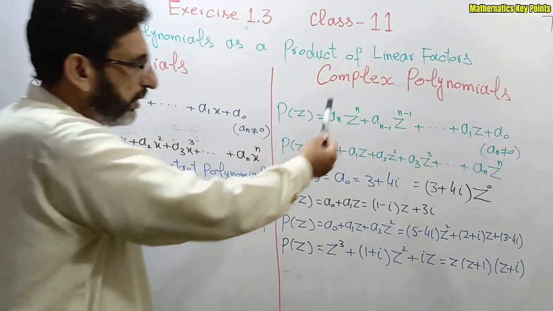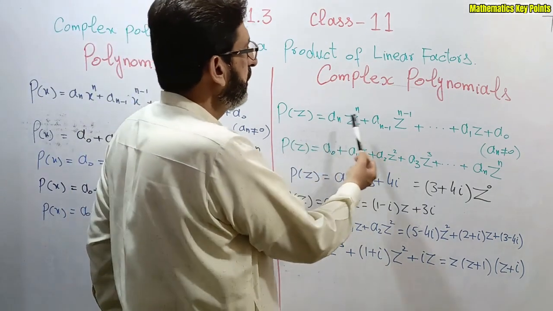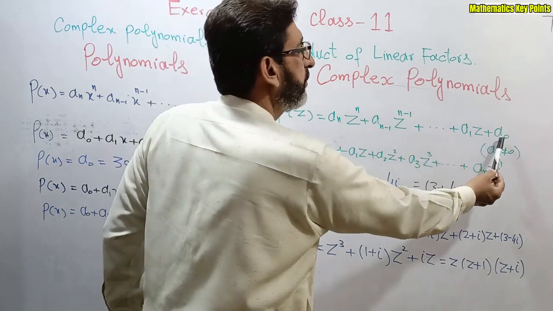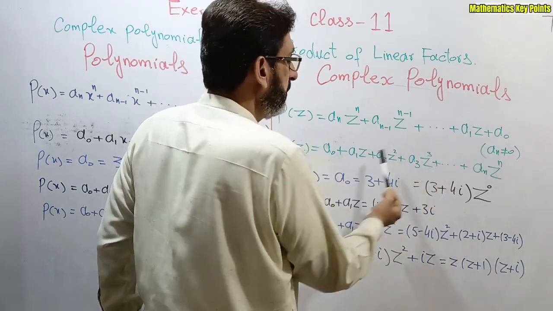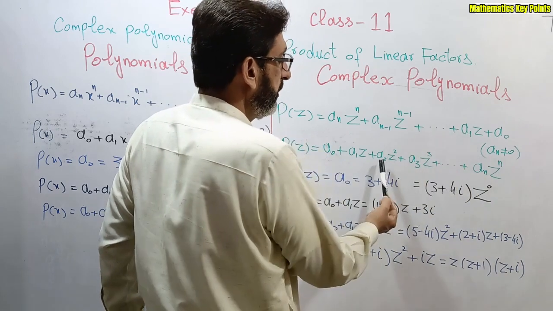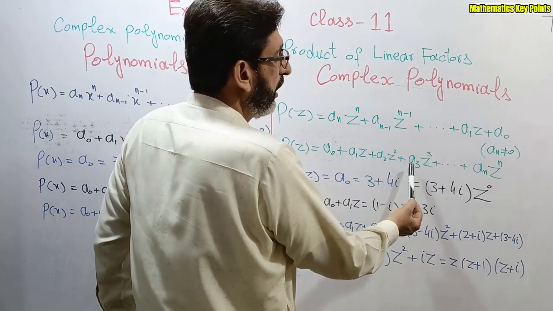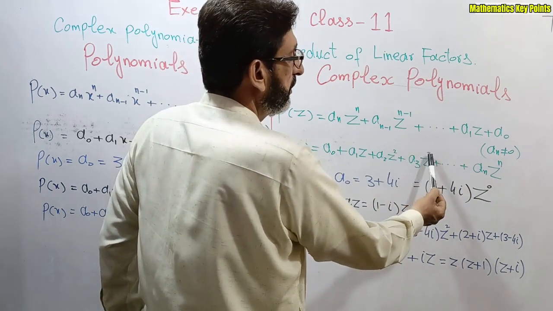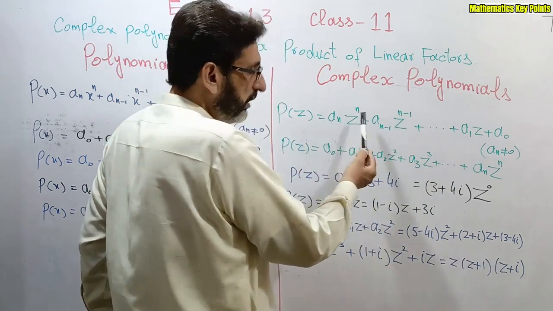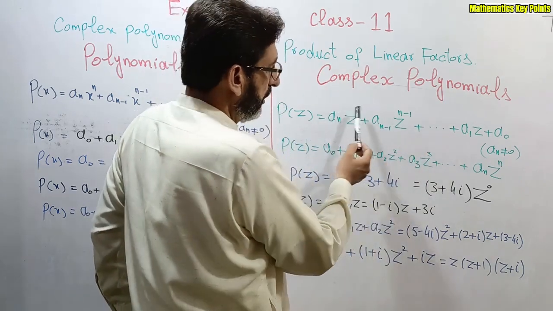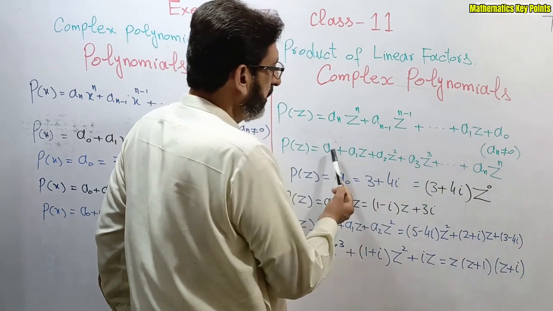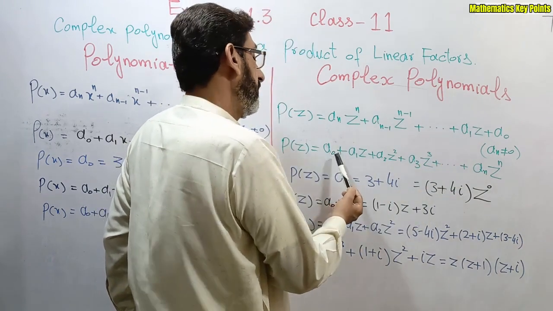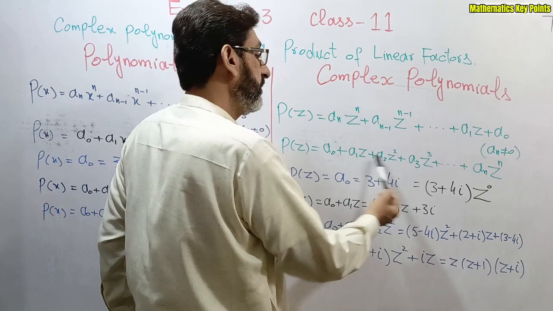In the same way, a complex polynomial can also be written in this format, starting from a0 plus a1z, and the next term will be a2z power 2 and plus a3z power 3. This is written in decreasing order, descending powers of z, and this in ascending format, increasing powers of z.